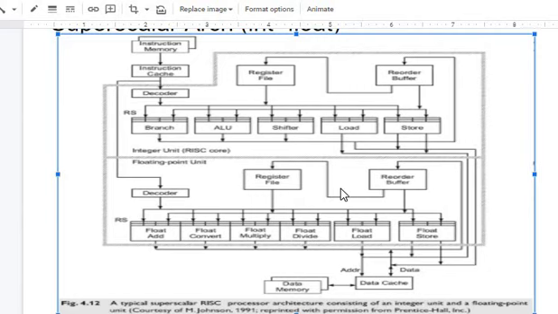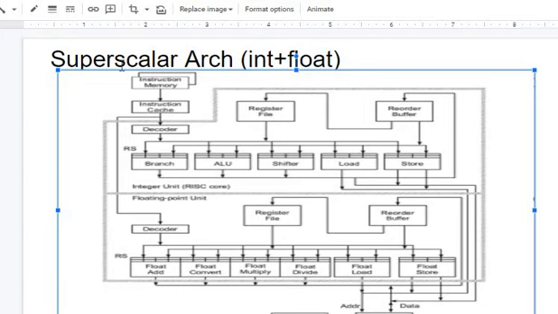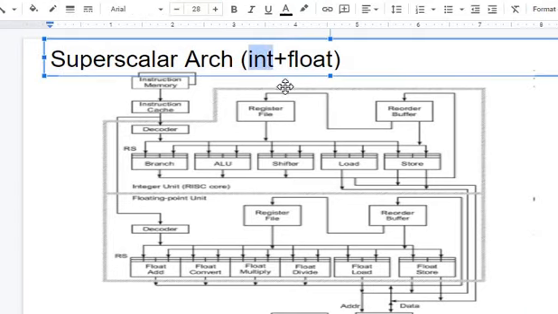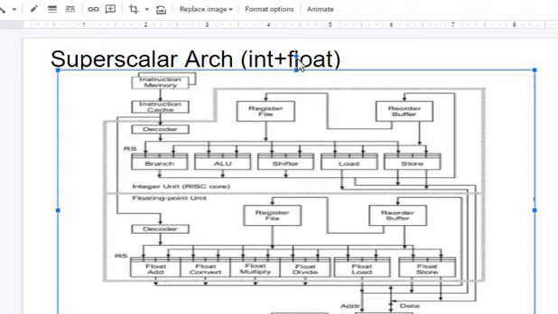So the concept here is how the superscalar processor should be able to differentiate whether data is only integer type or float type. Don't approximate and perform. It has to perform accurately to get the correct result. Okay, fine, thank you.